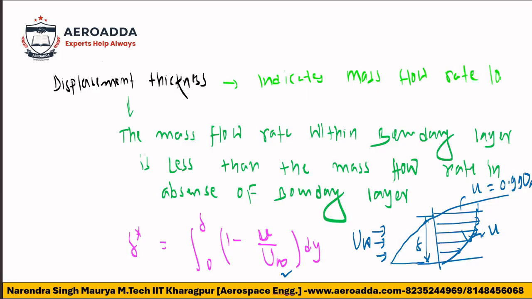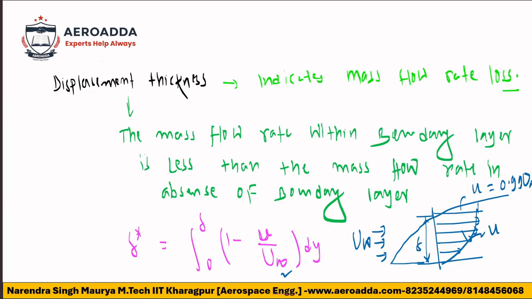To compensate the mass flow rate loss, the boundary layer is shifted, and that distance is called the displacement thickness. It means the boundary layer is displaced to compensate the loss of mass flow rate, and by nature it shifts.